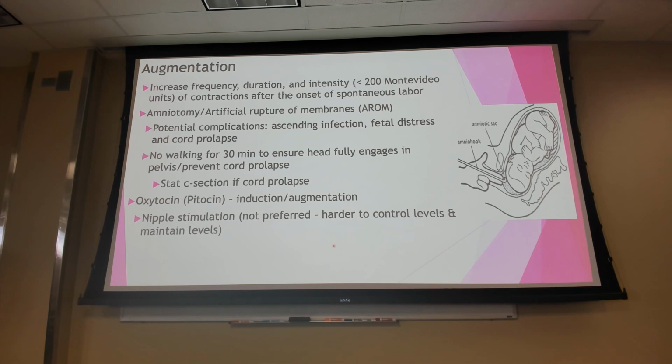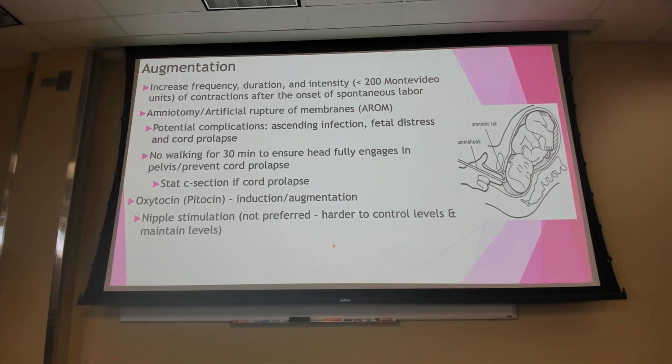So once they do an amniotic sac rupture, mom is in bed for at least 30 minutes, which allows the contractions to start taking hold as well, and push baby down and keep that cord up above baby's head. If we do identify that there's a cord prolapse, then that is an indication for a stat C-section, so emergency C-section immediately.